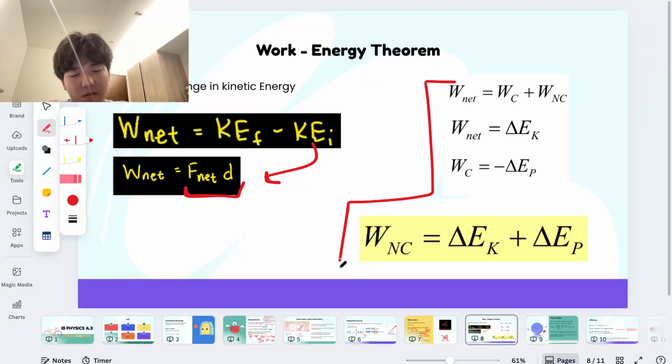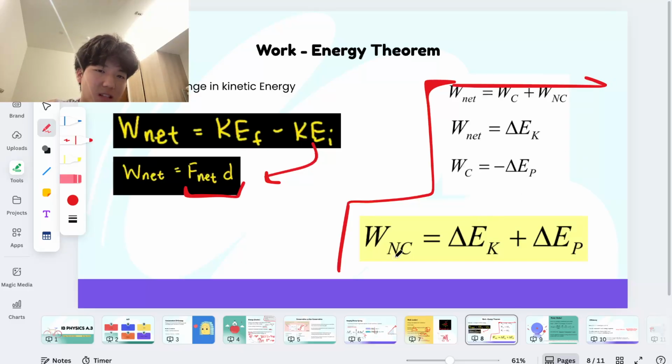These are a bunch of equations that I saw on the slideshow, and I don't really remember them, so maybe it's important to remember these. I'm not sure though. Net work is equal to the work done by a conservative force, as we said before, conservative regardless of path, non-conservative depends on path.